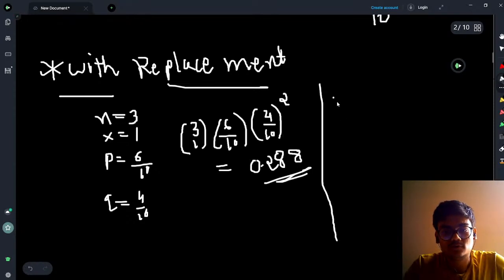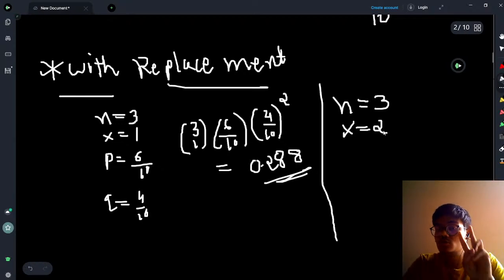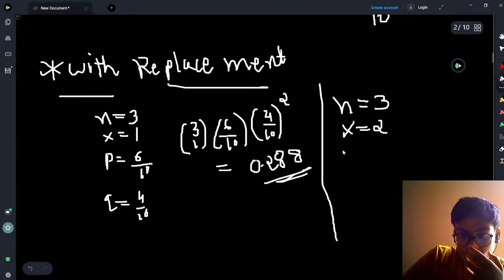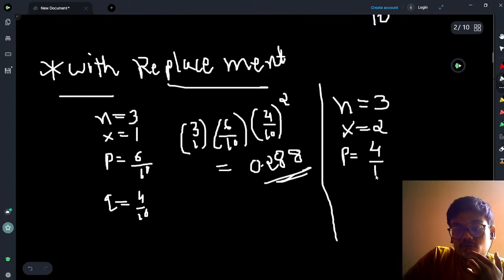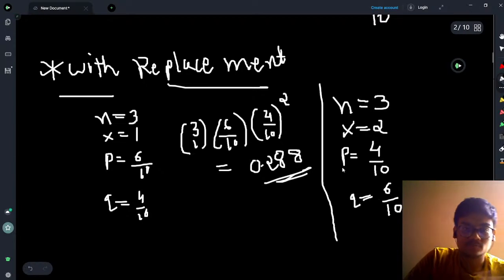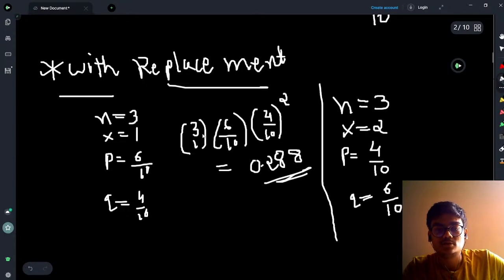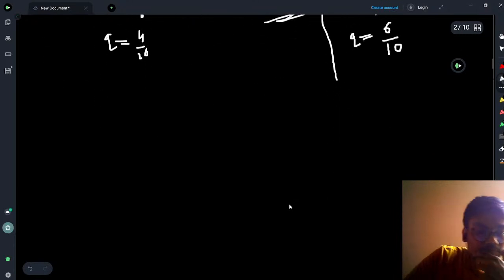If anyone is facing difficulty: x is 2 because 2 non-damaged ball pens, so our p will become 4 divided by 10 and our q will become 6 divided by 10. Got it? The same answer you will get here.